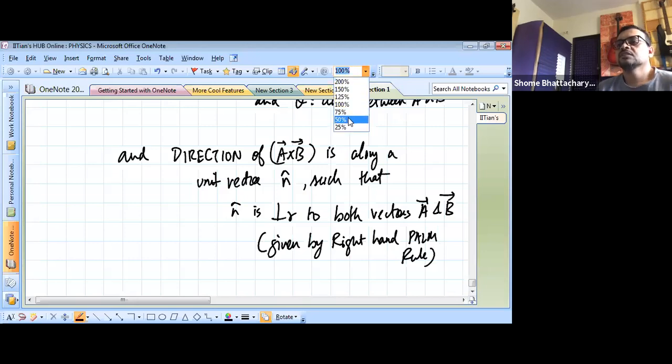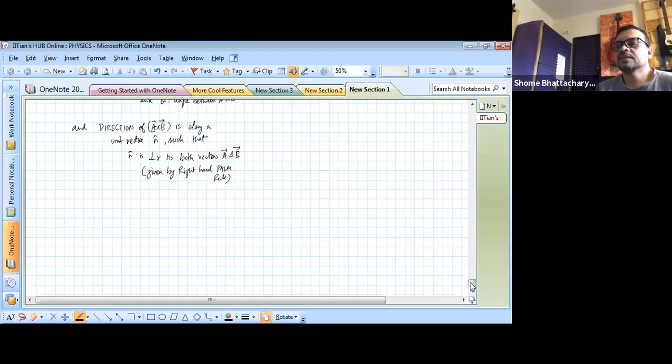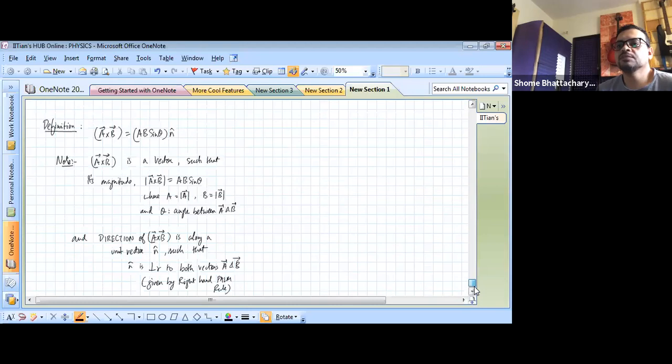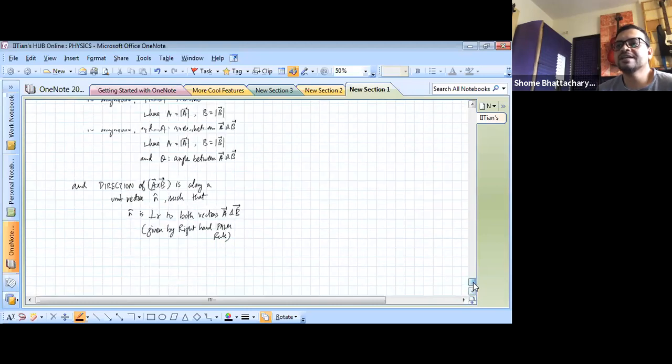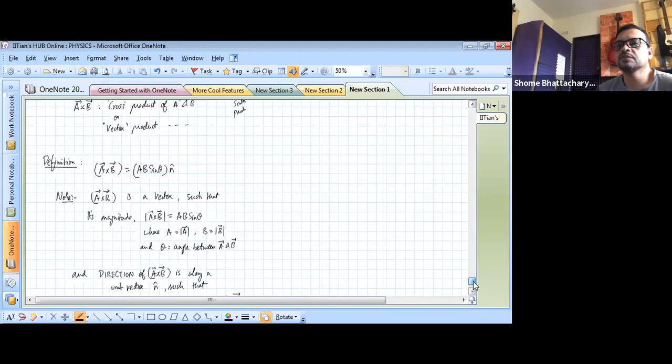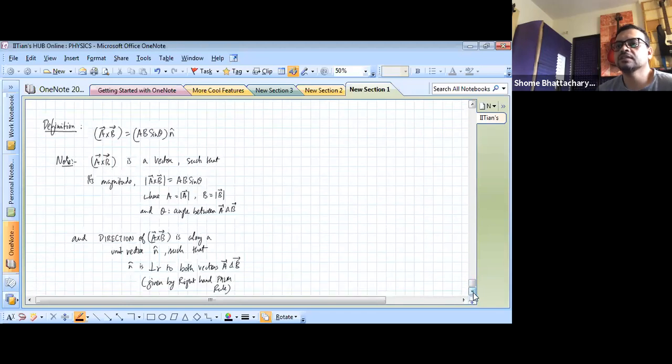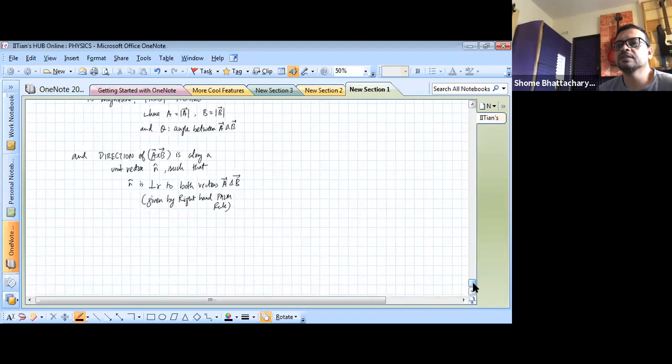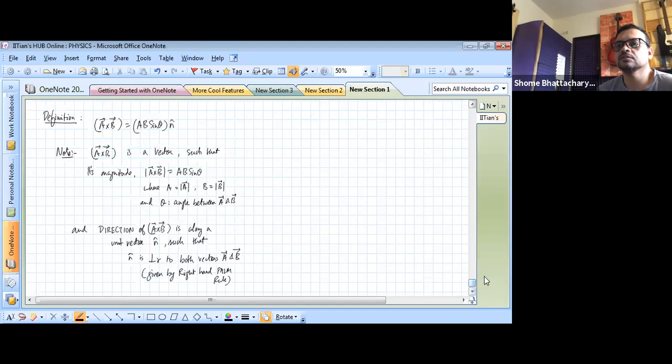So the definition has two aspects to it. One is that the magnitude of A cross B is given by the formula AB sin theta, and secondly, the direction of A cross B is given by the unit vector n cap, and that is a unit vector such that it is perpendicular to both the vectors A and B. So we'll understand more about it with examples. First, just note this down.